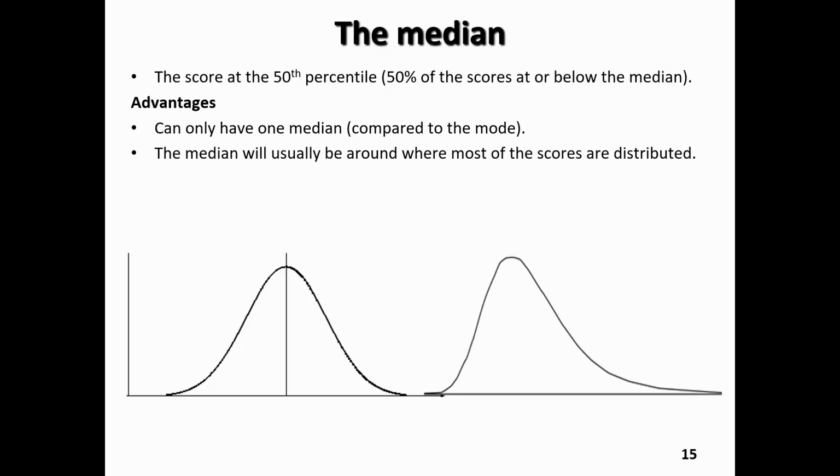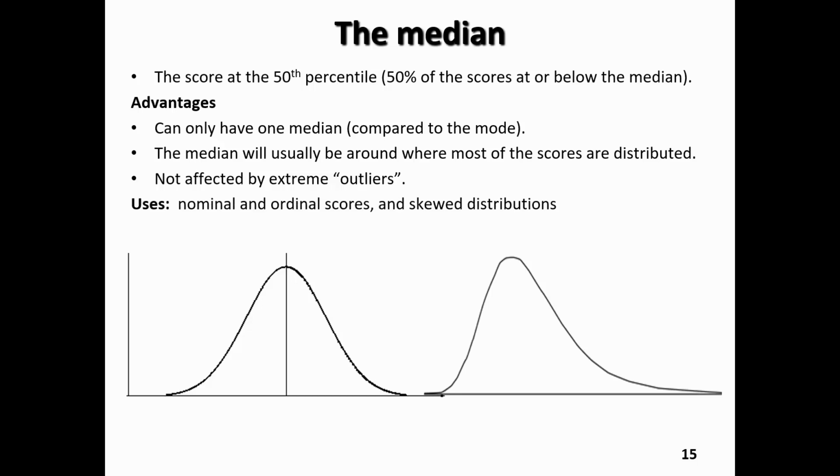The median will always be located around where most of the scores are distributed and is particularly not affected by extreme outliers. And as such, the median is often used for nominal or ordinal scales, as well as skewed distributions.